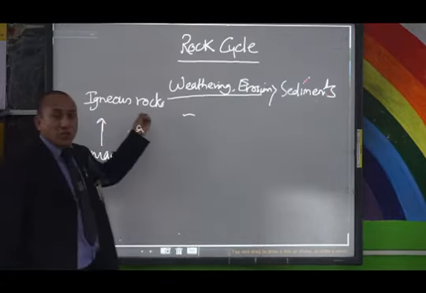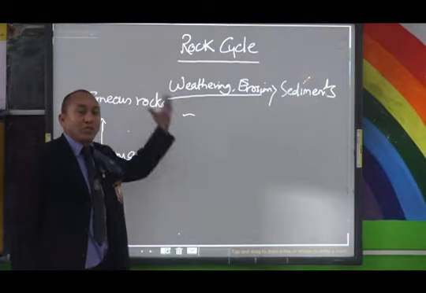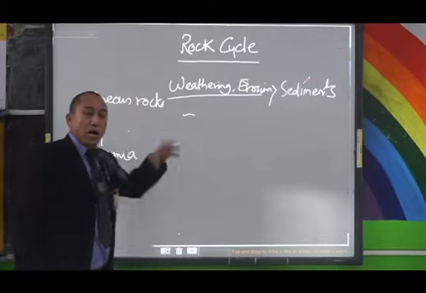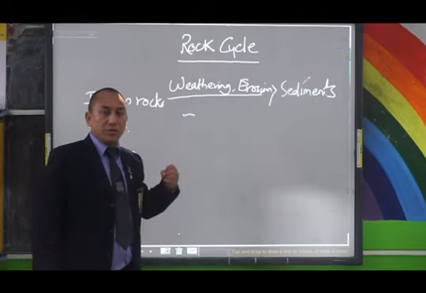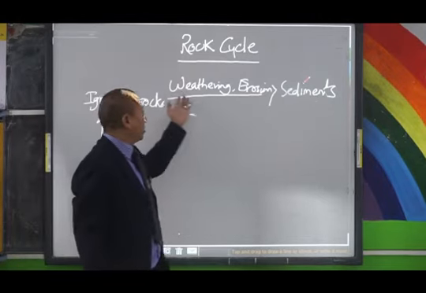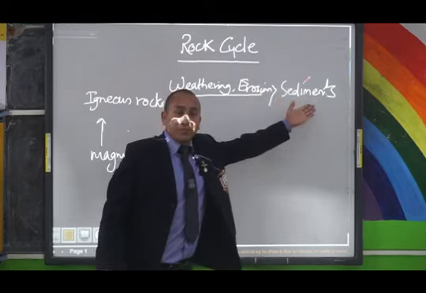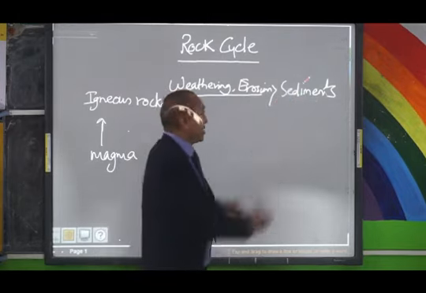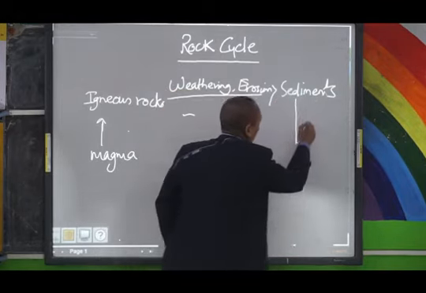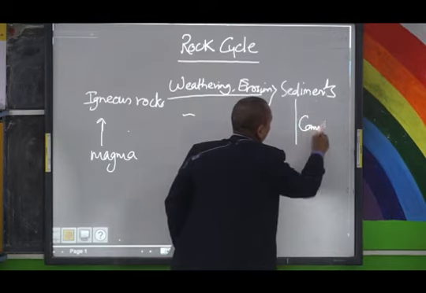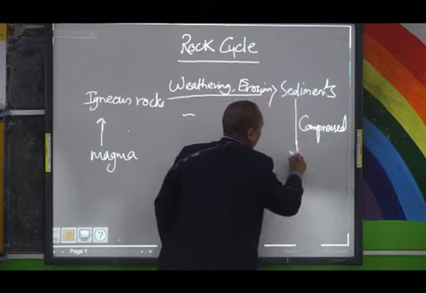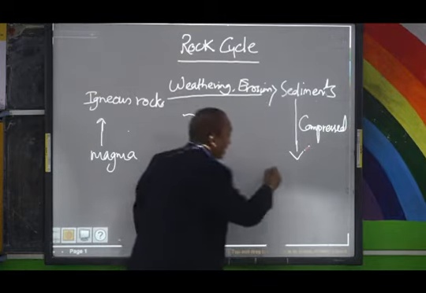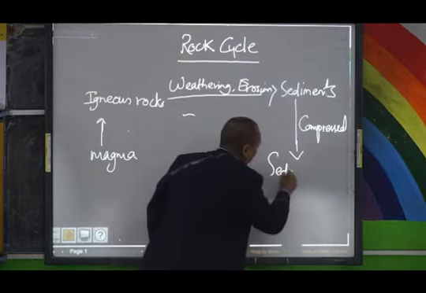When the igneous rocks are broken down because of wind, water, glaciers, they form into sediments. Now when these sediments are compressed, they form into what is called sedimentary rocks.